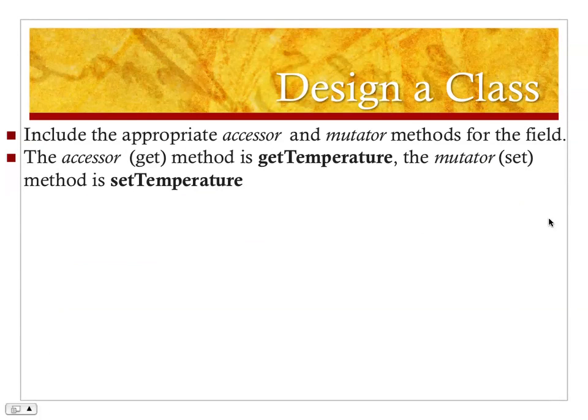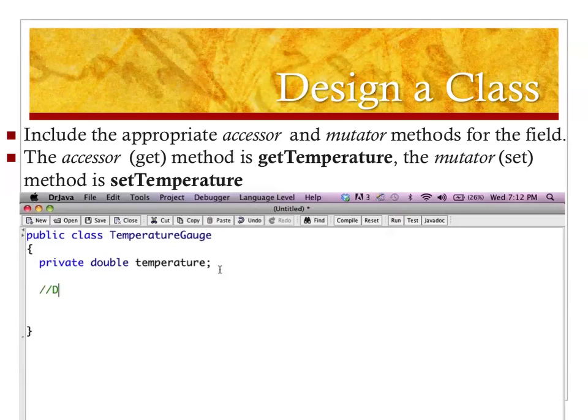Next, we were told to include the appropriate accessor and mutator methods for the field. These are the get and set methods. So the accessor is the get method. You say get first and then the name of the instance field. Then for the mutator, you have the setTemperature. Define accessor and mutator methods.